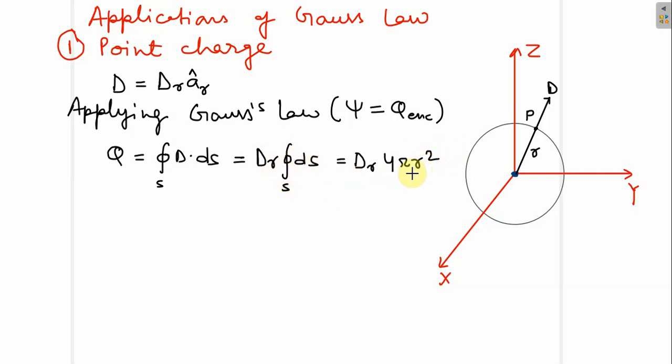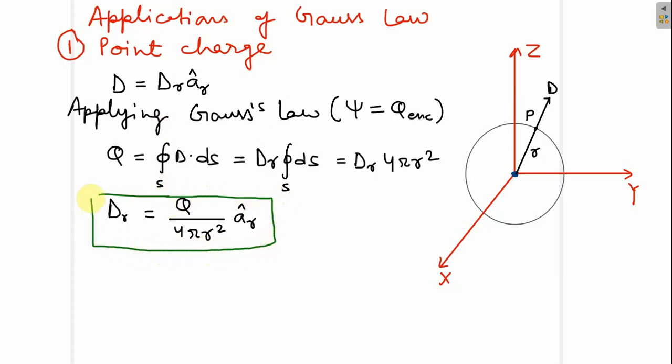Now what is D? D equals Q upon 4 pi r square ar. So this is a very simple derivation for the electric flux density using Gauss law.